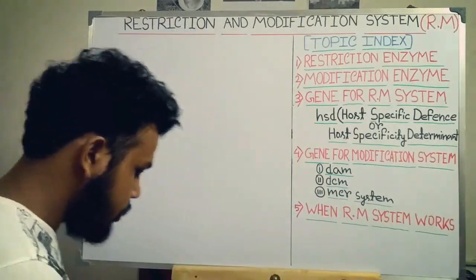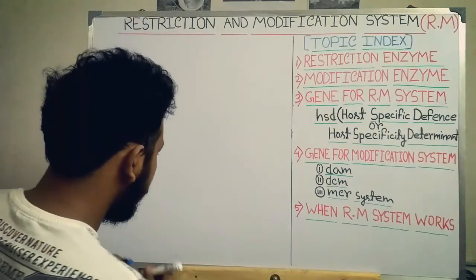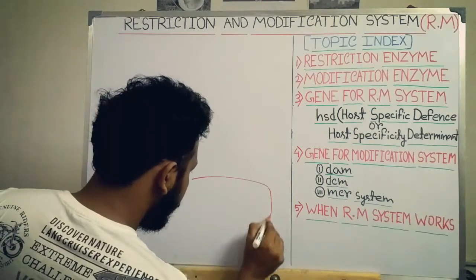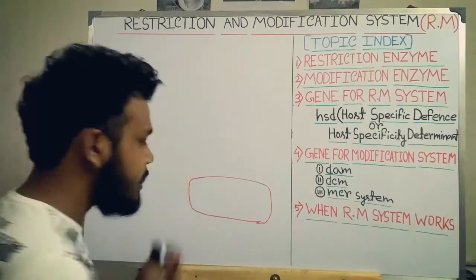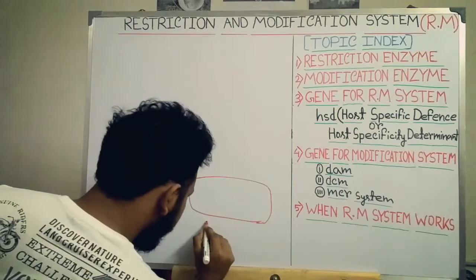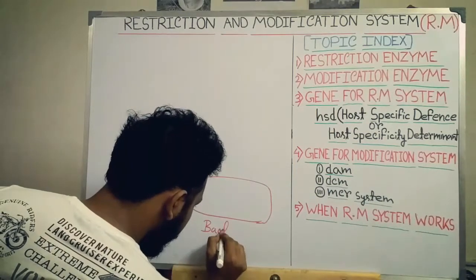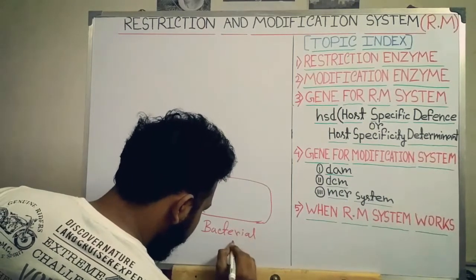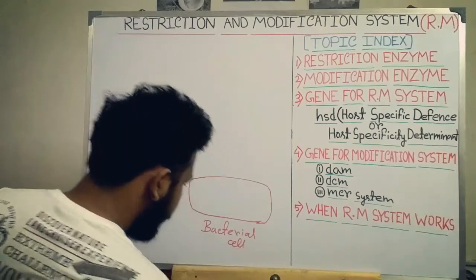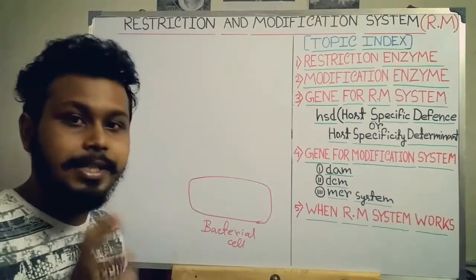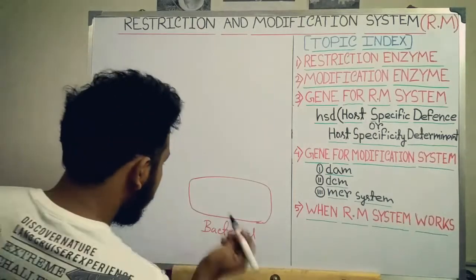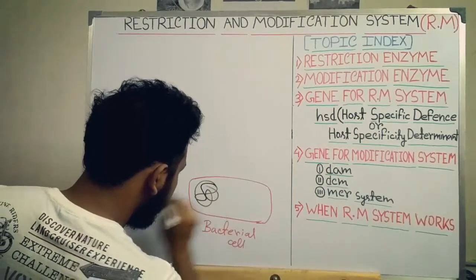Now suppose this is a bacterial cell, and its genomic DNA, that is its own DNA, is present here like this.